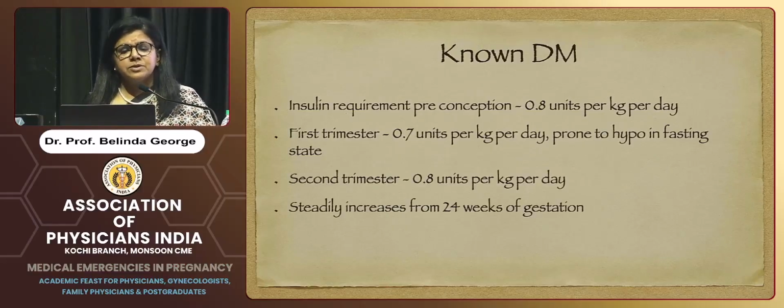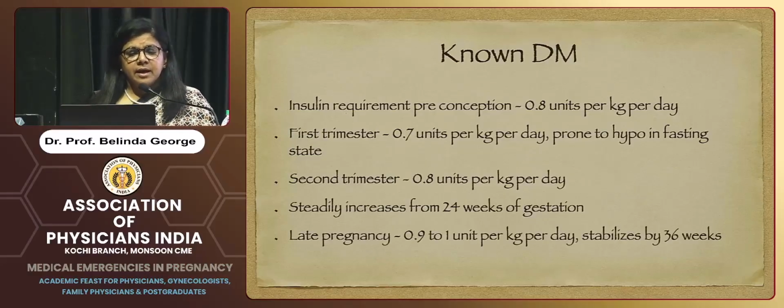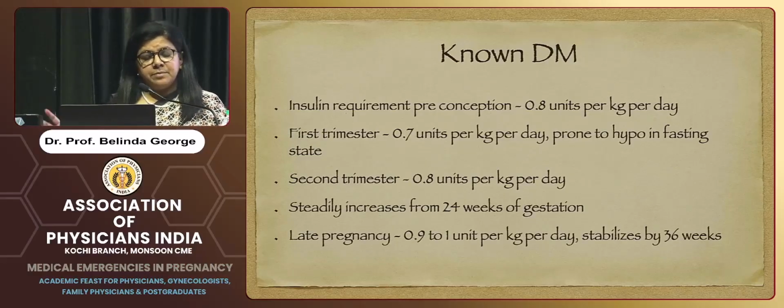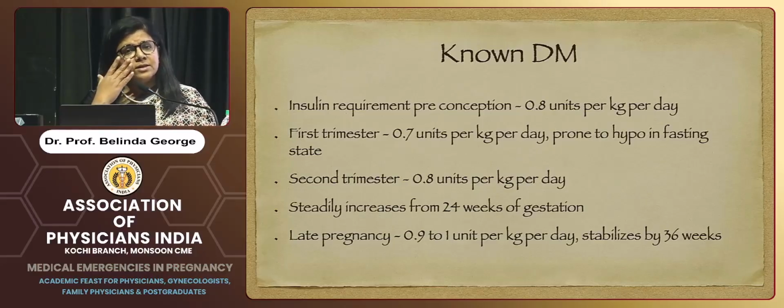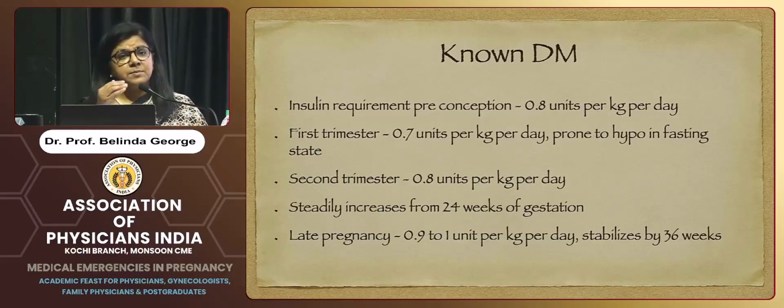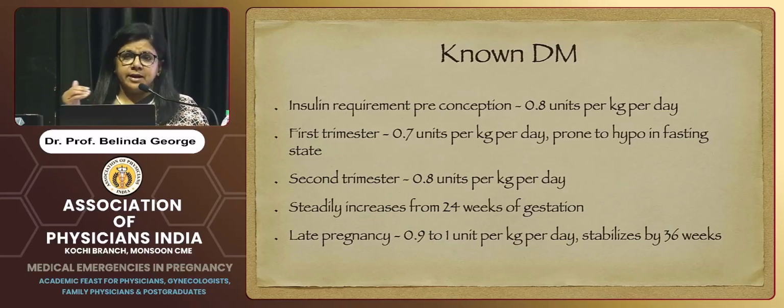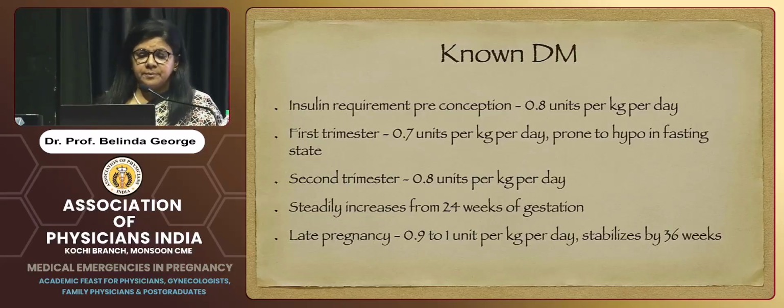In the second trimester onwards, it starts increasing, and in late pregnancy, it can go up to 0.9 to 1. What this shows is that the insulin resistance in the mother keeps on increasing throughout pregnancy. This happens in order to ensure that the glucose is not taken up by the mother's fatty adipose tissue and muscle, and the glucose is persistently available to the fetus for continuous fuel.